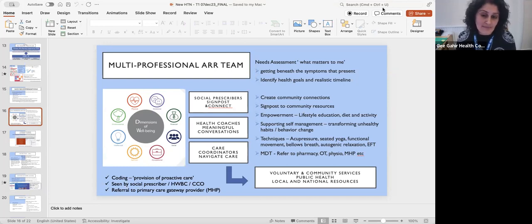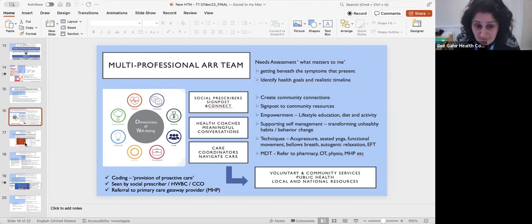Now, I will perhaps see a patient for 6 sessions, and that could be over a matter of 3 months, but I have much longer to spend with them, anything up to an hour. And I know social prescribers will work between 30 minutes to an hour, depending on how much time that patient needs over a period of time.